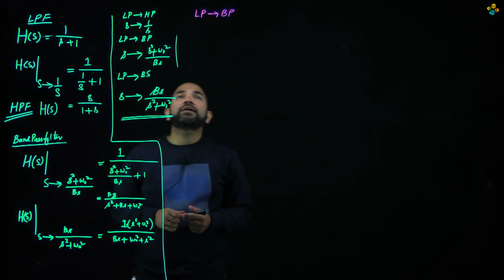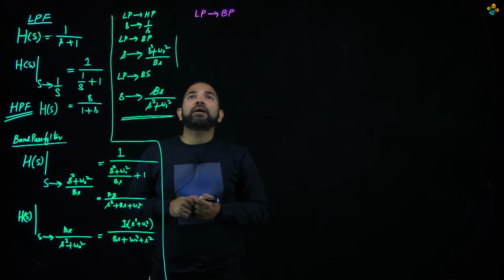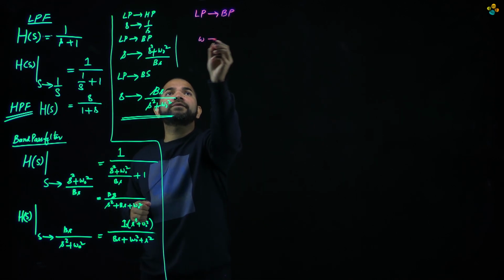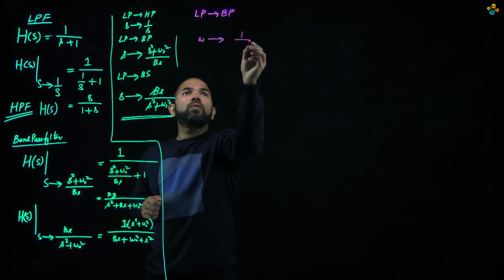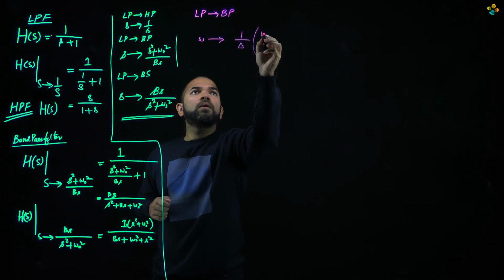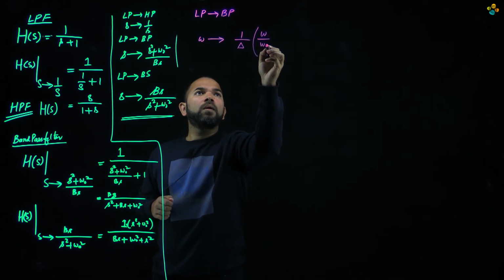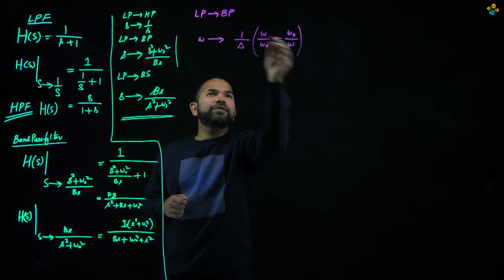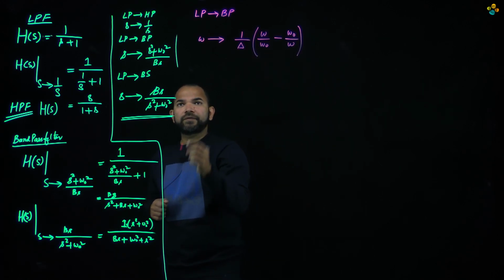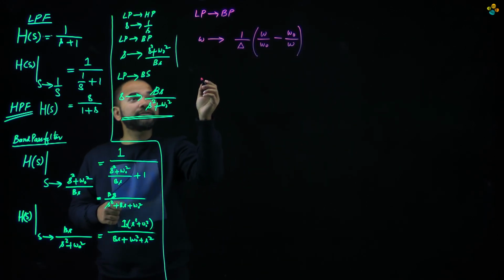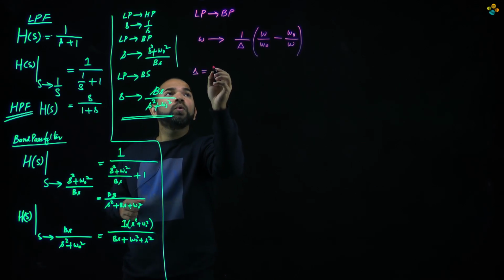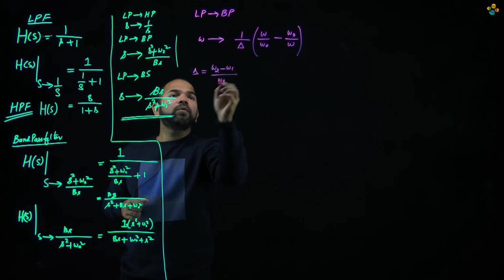The mathematical transformation from low pass to band pass in terms of omega can also be written like this. So this is omega square minus omega naught square, and this delta is defined, which is basically a fractional bandwidth, which is omega 2 minus omega 1 divided by omega naught.